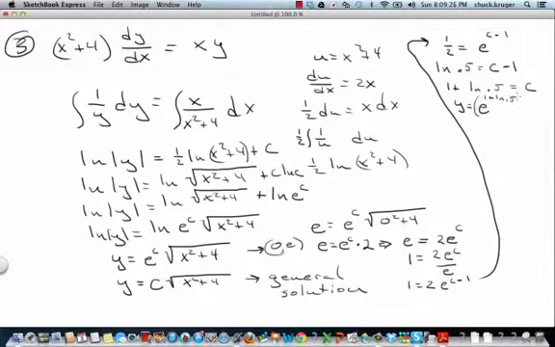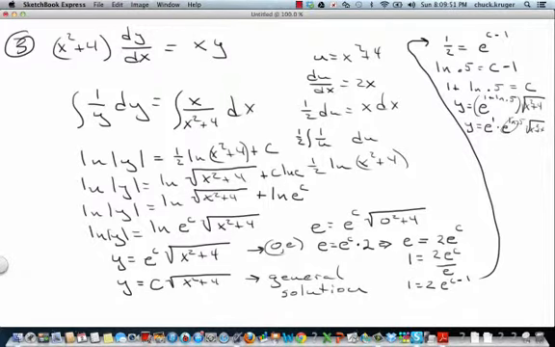Put that in parentheses, that's my c now, the square root of x squared plus 4. Well, this is the same as e to the first times e to the ln of 0.5 to the square root of x squared plus 4.